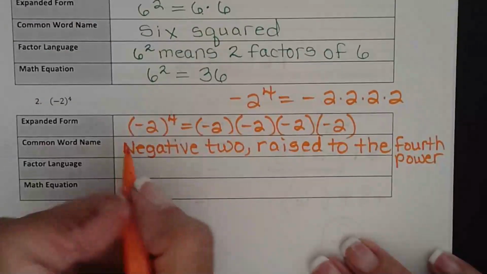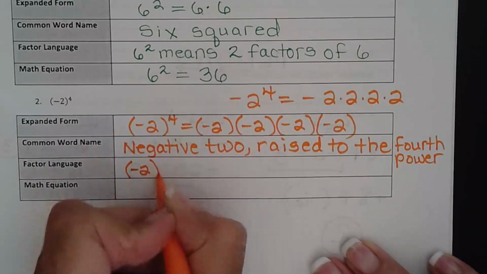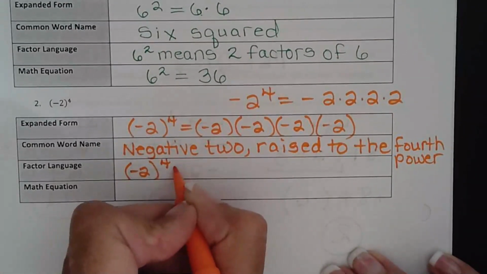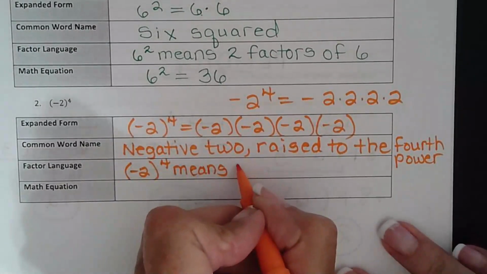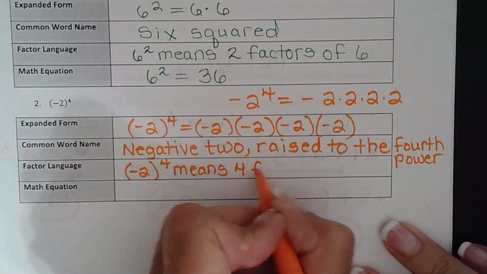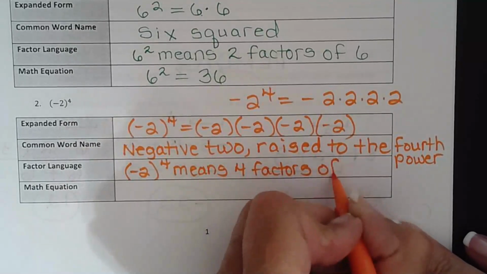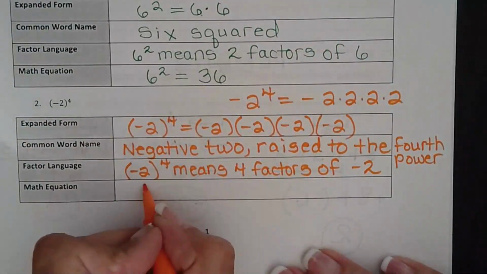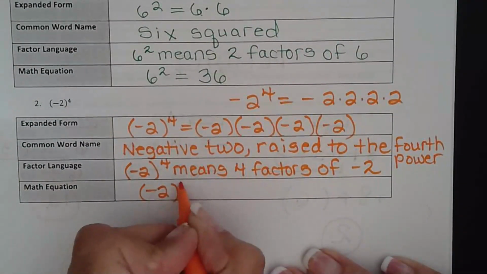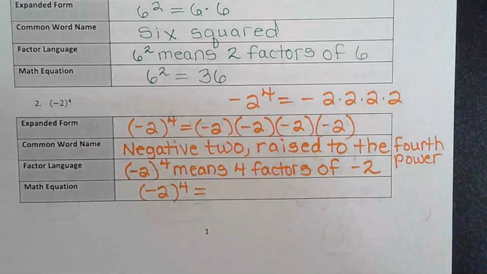Factor language. The quantity -2 to the 4th means 4 factors of -2. And the math equation, -2 to the 4th equals, and this one we can do by 2's as well.